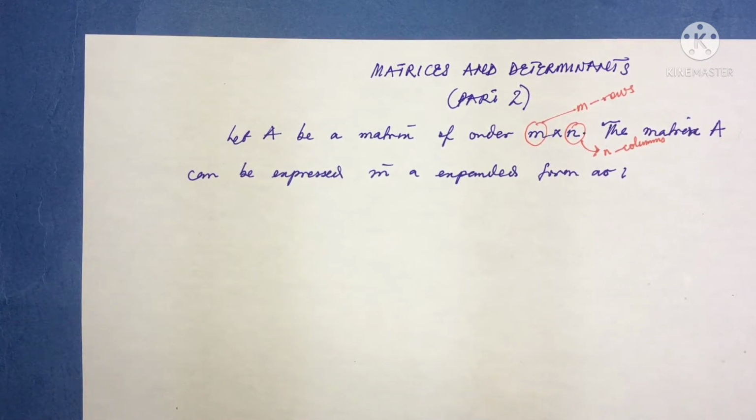Now, what I want to do to start the video is to talk about what is called the general matrix. The general matrix is an abstract matrix in the sense that it does not contain specific values as its elements. Rather, it contains abstract elements as representations of elements in the matrix.